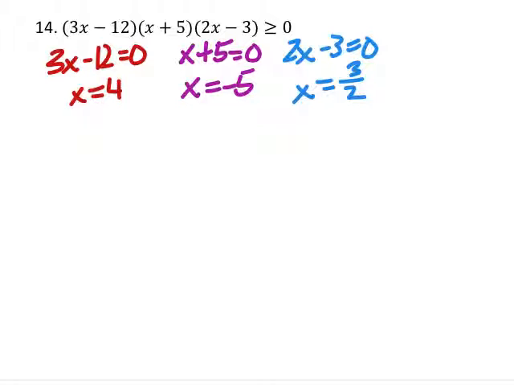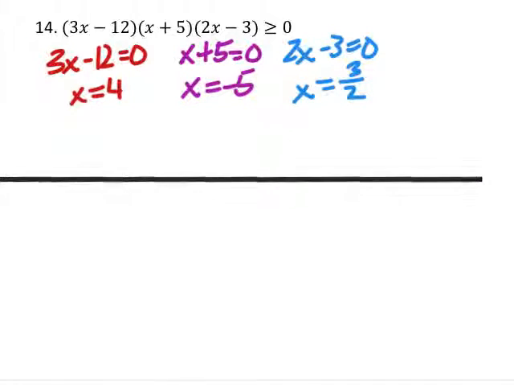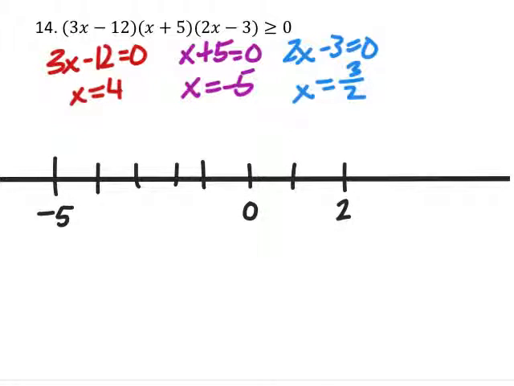And we'll go ahead and make ourselves a number line just as we did in the last example. All right. And we'll start with the -5 right here. -4, -3, -2, -1, 0. So this is 0. We got 1, 2.